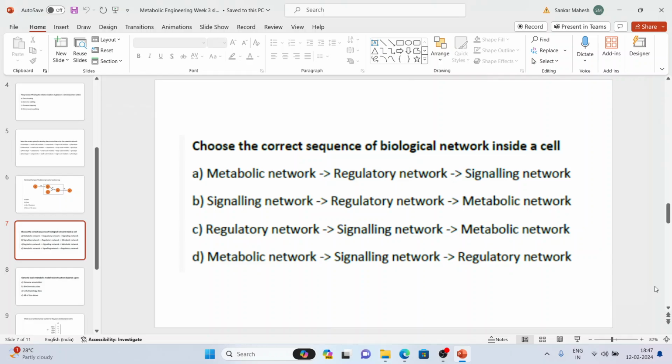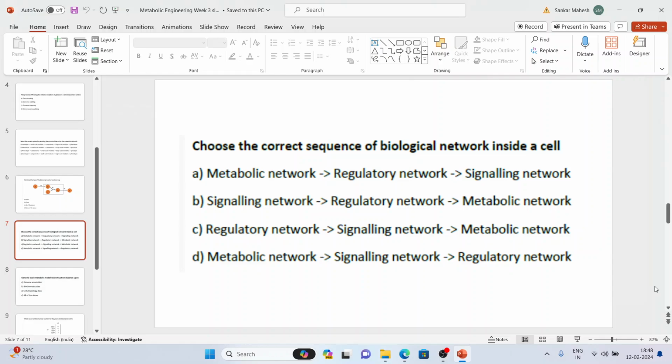Some signals are required for any metabolic pathway to happen. For example, if lactose is there in the medium, then the lac operon starts operating. It starts to synthesize the necessary enzymes that are required for the degradation of lactose.